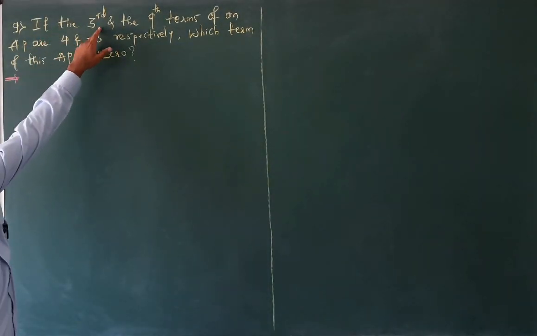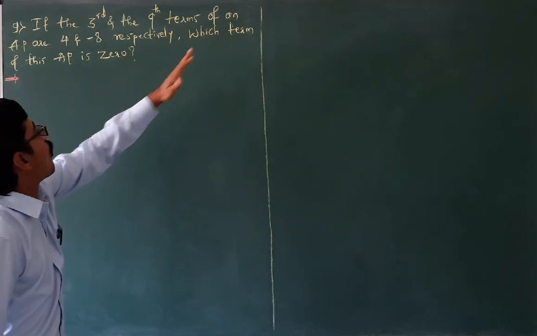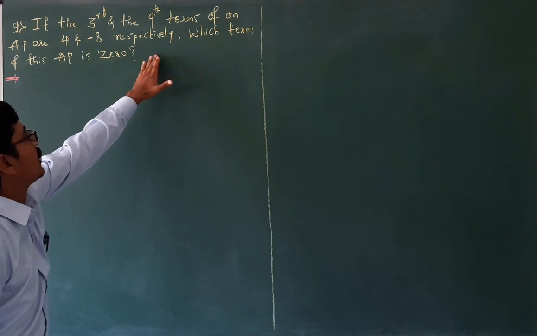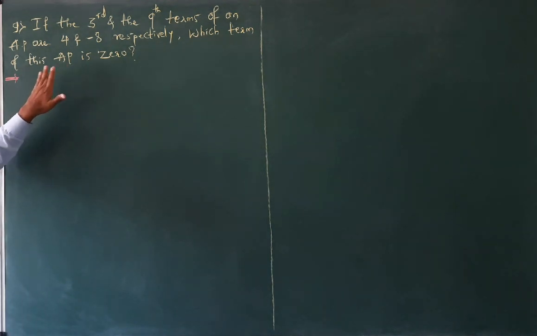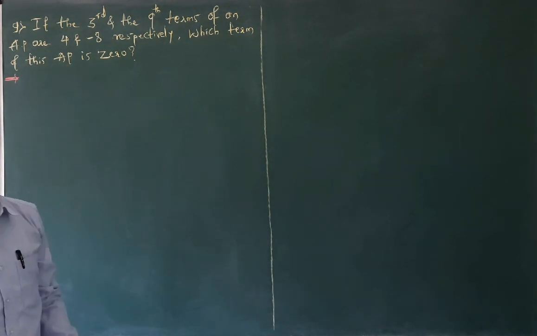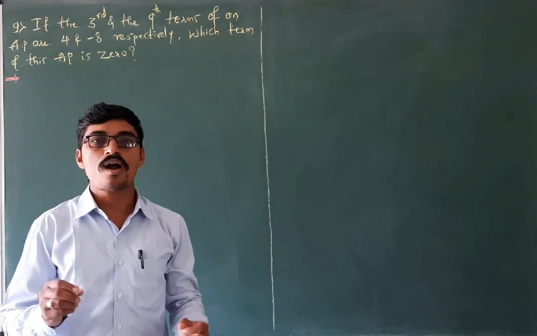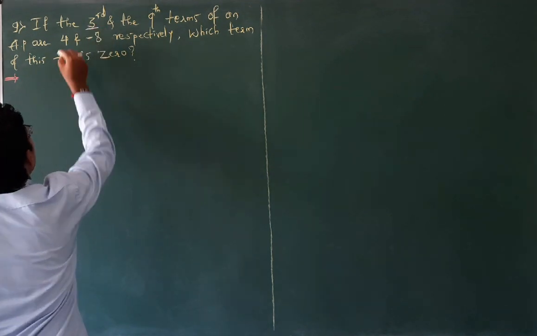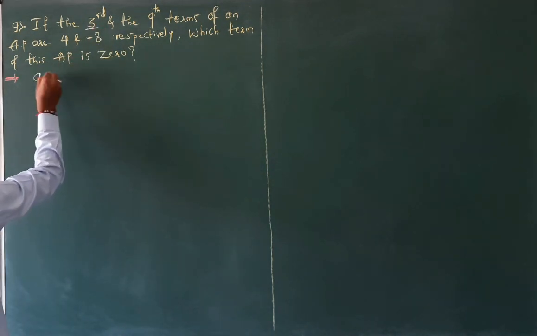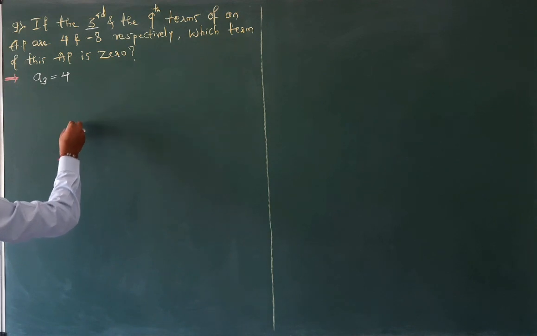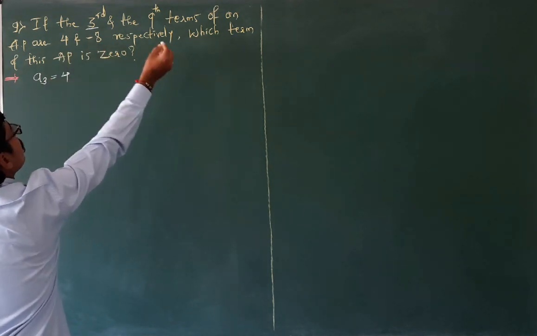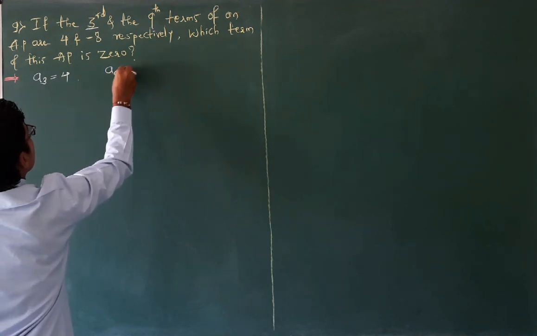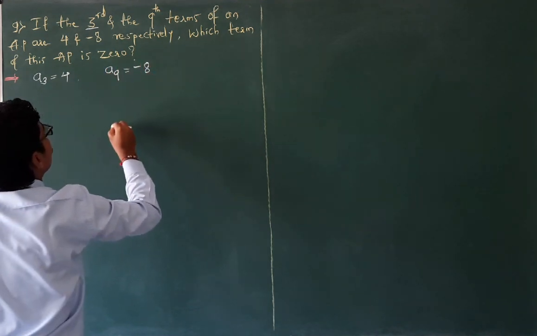If the third and the ninth terms of an AP are 4 and minus 8 respectively, which term of this AP is 0? This is the question. So what are the given things? The third term is 4, so A3 is equal to 4, and A9 is equal to minus 8.